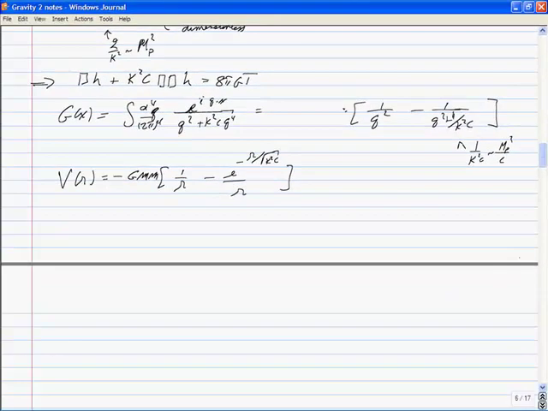Okay. In this form, there is some promise that people were interested in it for a long time, in that one of the things that this has is that as r goes to 0, this is less singular than a Coulomb potential.